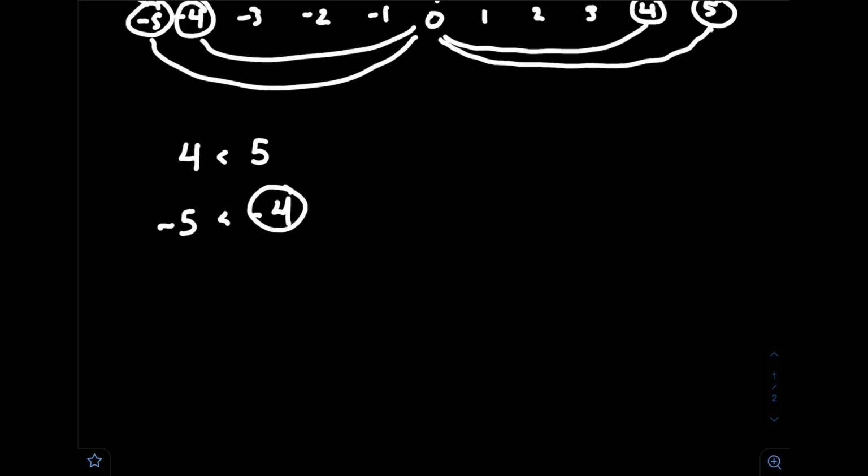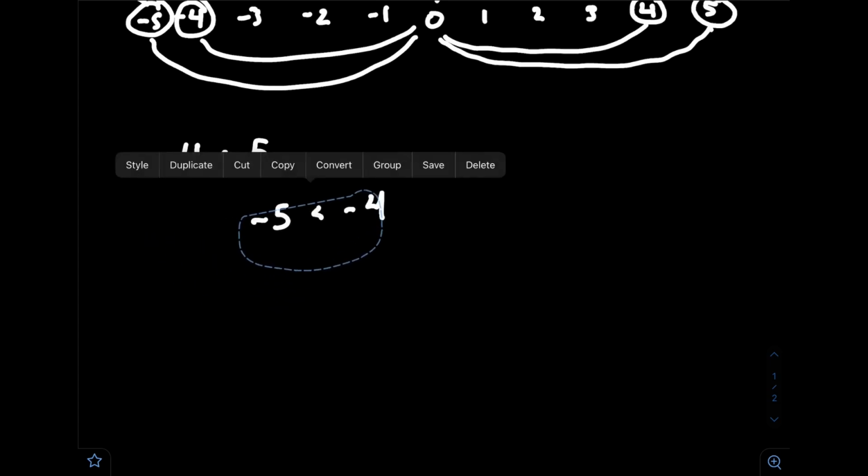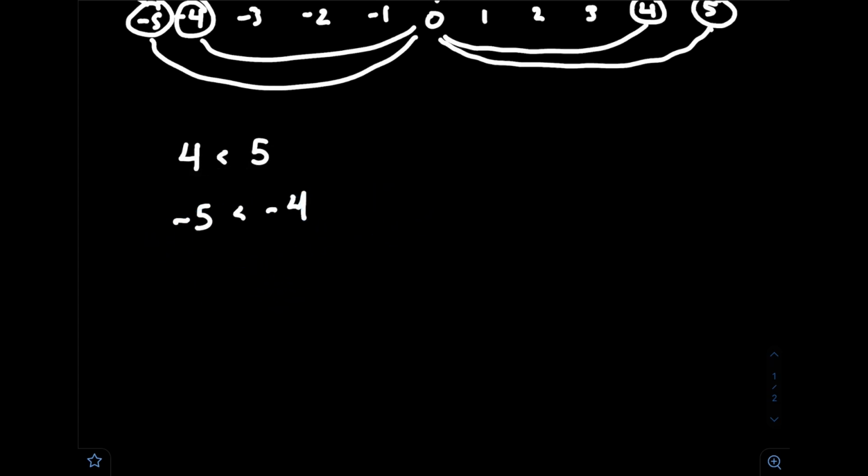Notice how it's switched. Now that we've established that both of these inequalities are true, let's say we were to multiply both numbers by -1, or we can divide, if we want to.